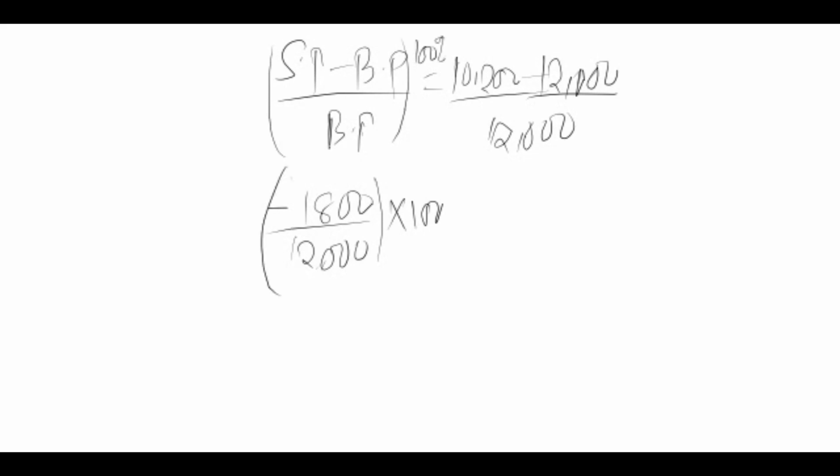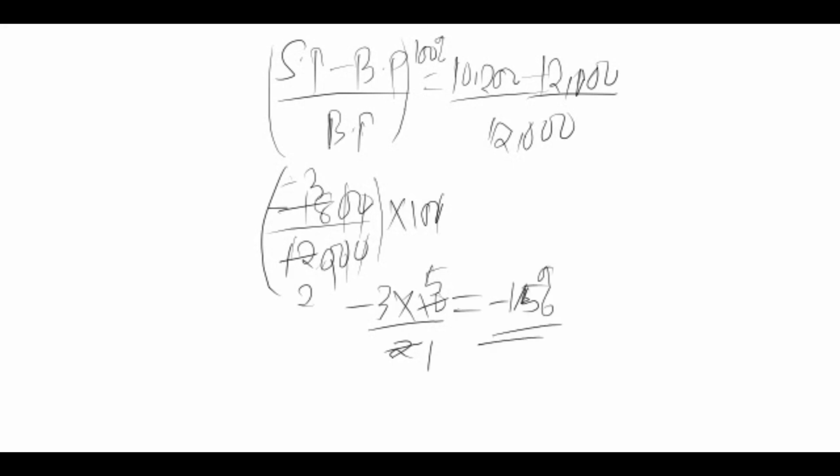So we have the zeros cancelling. 6 into 1,800 is 3, 6 into 12,000 is 2, so we have negative 3 times 100 over 2. Then 2 into 100 is 50, so 3 times 5 is negative 15%. So we have negative 15%.